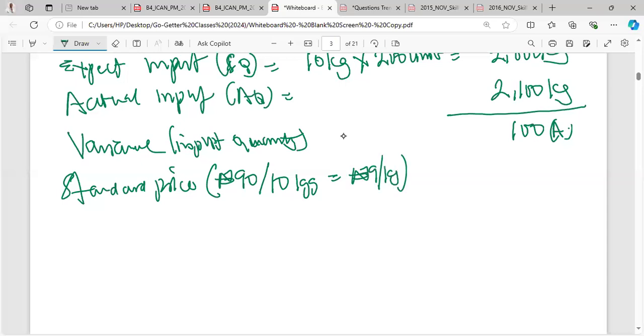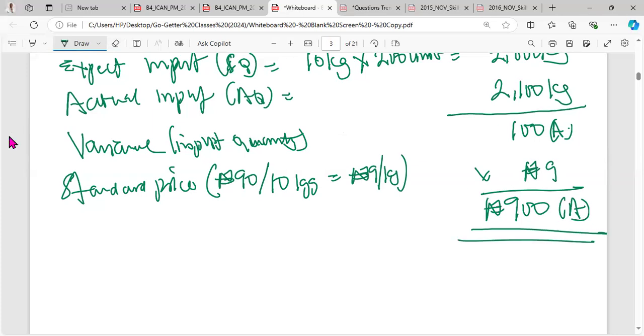So I'll just simply multiply by 9 naira, which gives me 900 adverse. That's method 1. Then I will say method 2, output method.